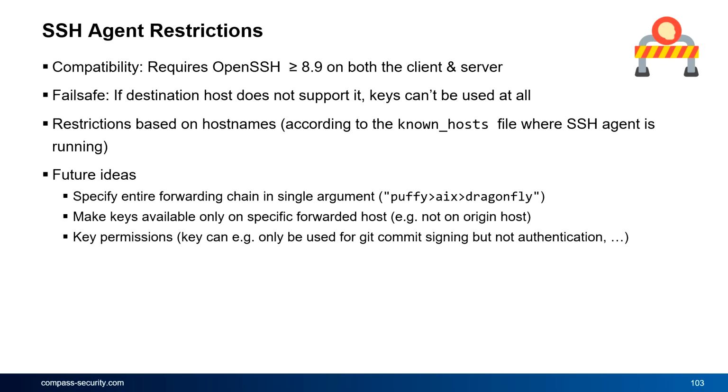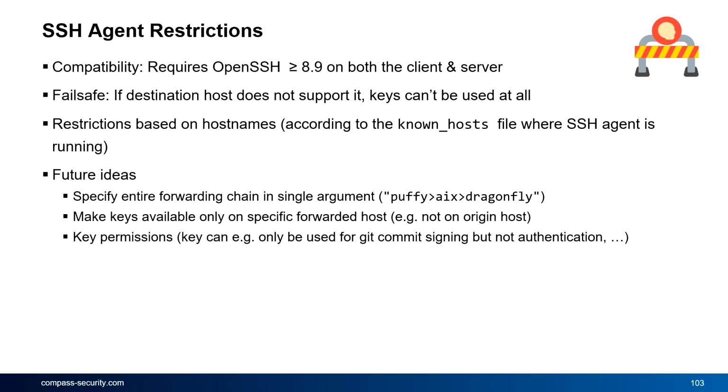Another idea was to make keys only available on some specific hosts where you forwarded the agent to. This would allow you to, for example, say you don't want to make the keys usable on your current system, but only on some individual system where you forward the agent to.